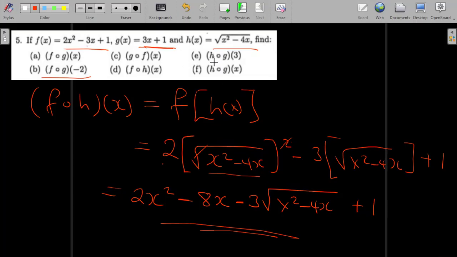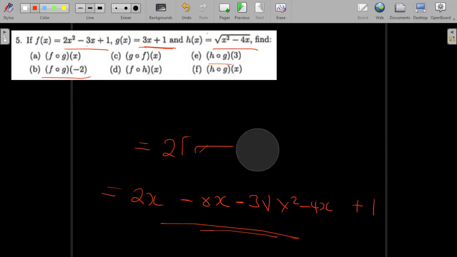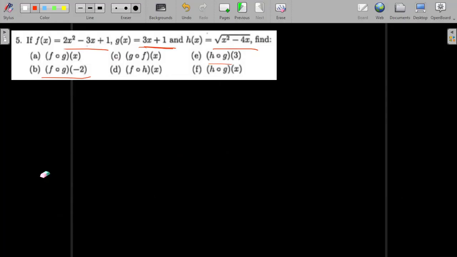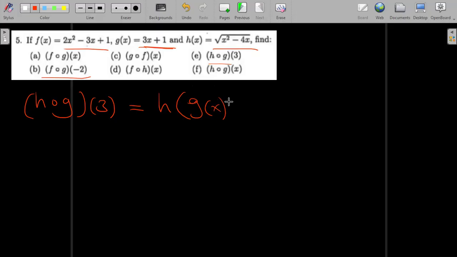Then we have this one here. So how do we do that one? With that one, they're just telling you to find h of g, but it has to be evaluated at 3. So my function h, it's like I'm plugging in g of x there, and then it's evaluated at 3.